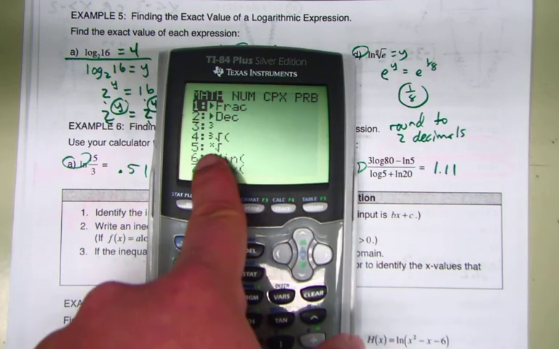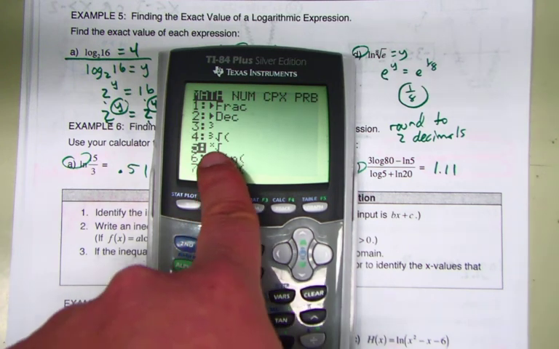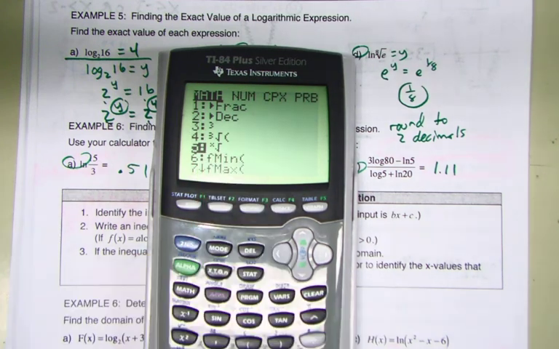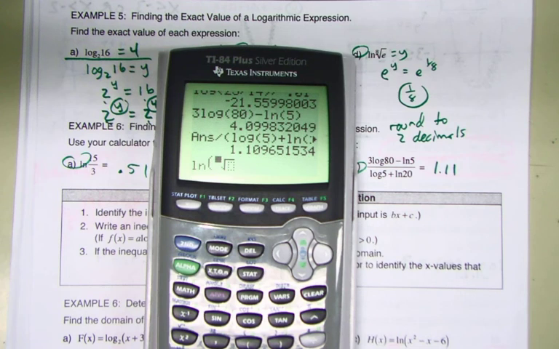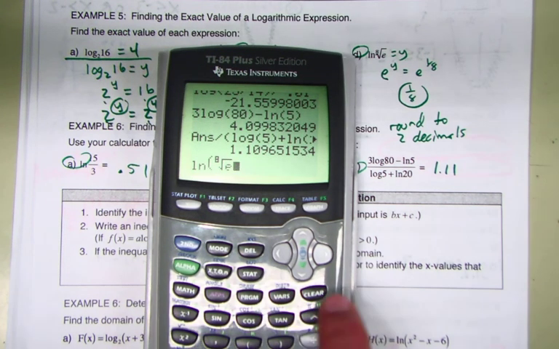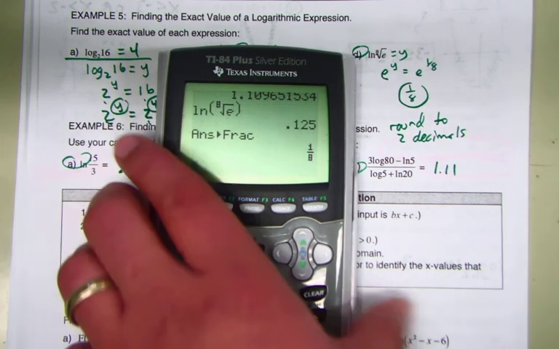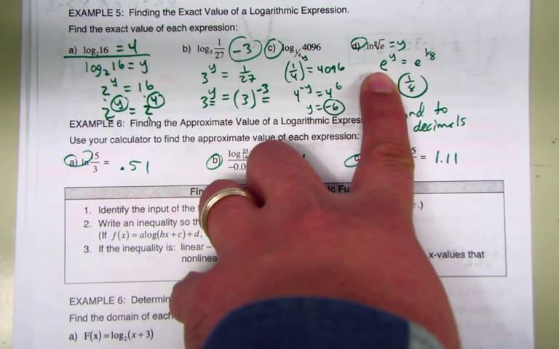Math. You go right here to where it says this little option here. And then now you can type in eighth root of e. However, I argue that if you know how to switch it over, it's a lot faster, right?